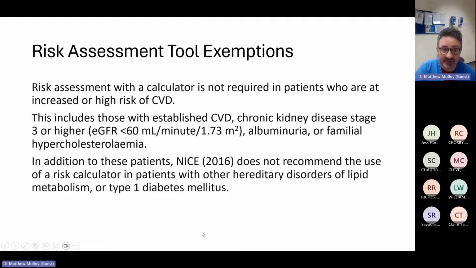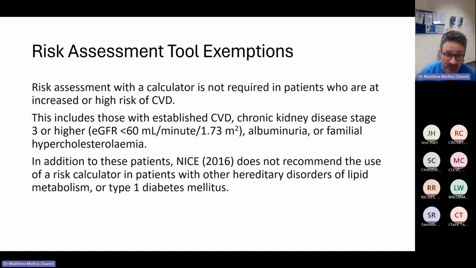So the risk assessment tool, which I'll go on to talk about, is QRISK that we usually use, but the risk assessment with a calculator is not required in patients who are at increased risk or high risk of cardiovascular disease. This includes those patients with cardiovascular disease already established, those with higher stages of chronic kidney disease, albuminuria, or a suspicion or diagnosis of familial hypercholesterolemia.